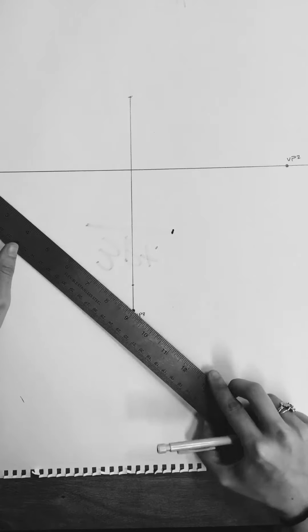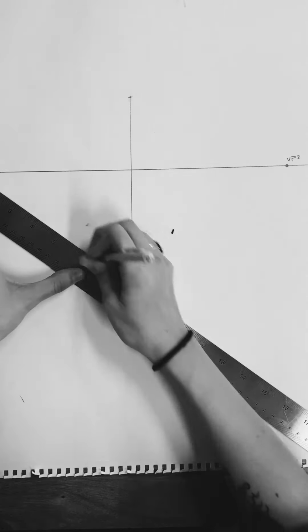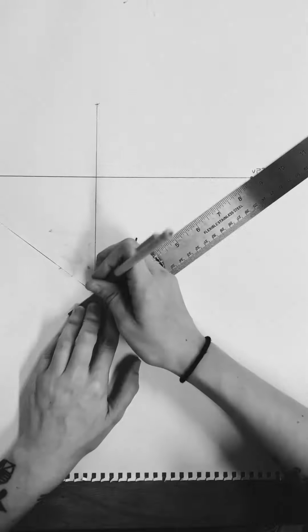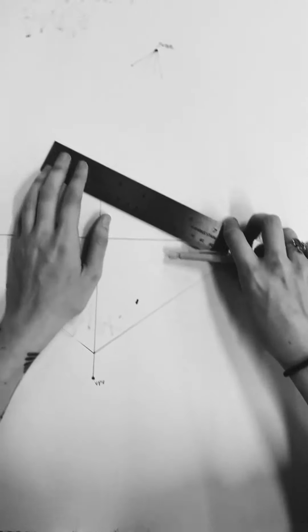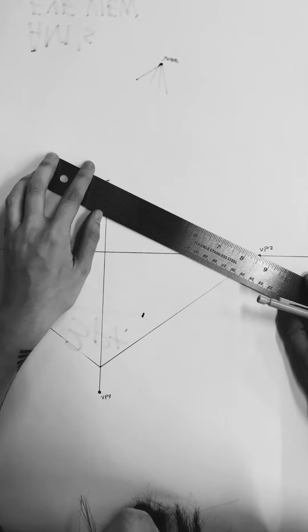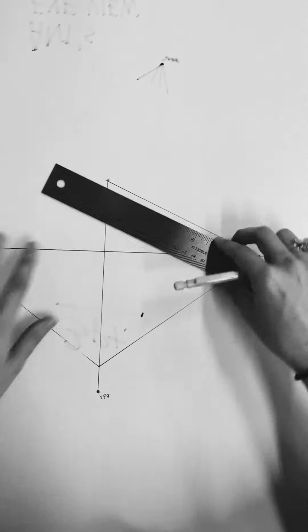And then we'll connect both of these marks back to vanishing point 1 and 2, just like we would do in 2-point perspective. Really double check yourself in the process.